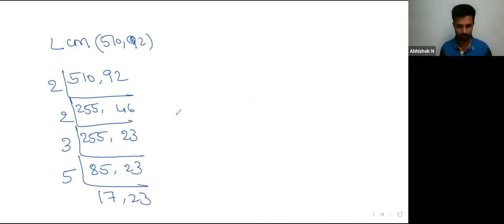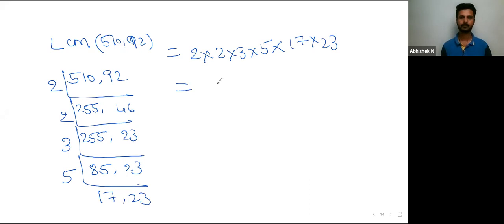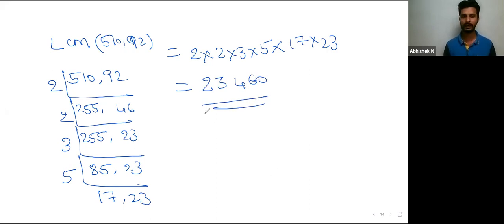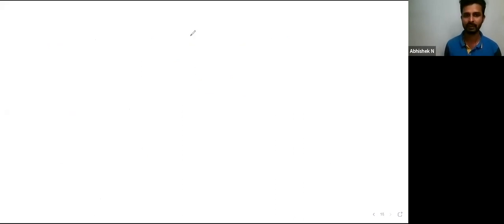Clear? So LCM is equal to 2 into 2 into 3 into 5 into 17 into 23. How much does this give? About 23460. So we have HCF equal to 2 and LCM equal to 23460. Now we need to verify this.